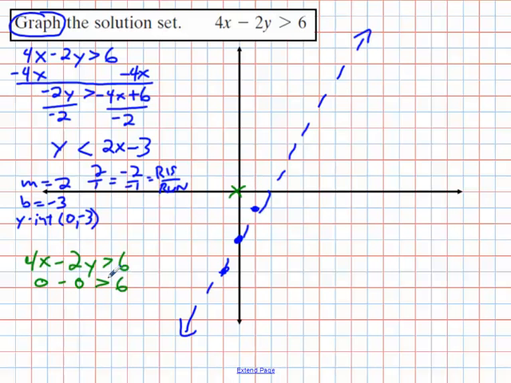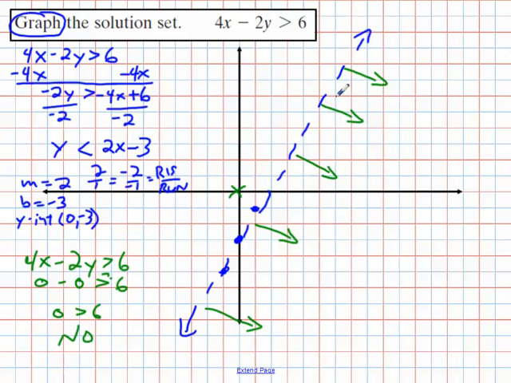Greater than 6? Is 0 greater than 6? It is not. So this doesn't belong in our solution set. So our solution set is the dashed line and this side of the shading.